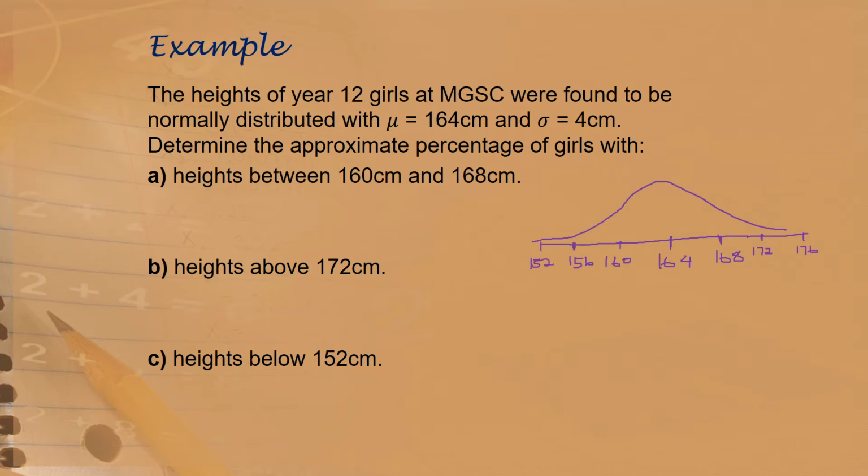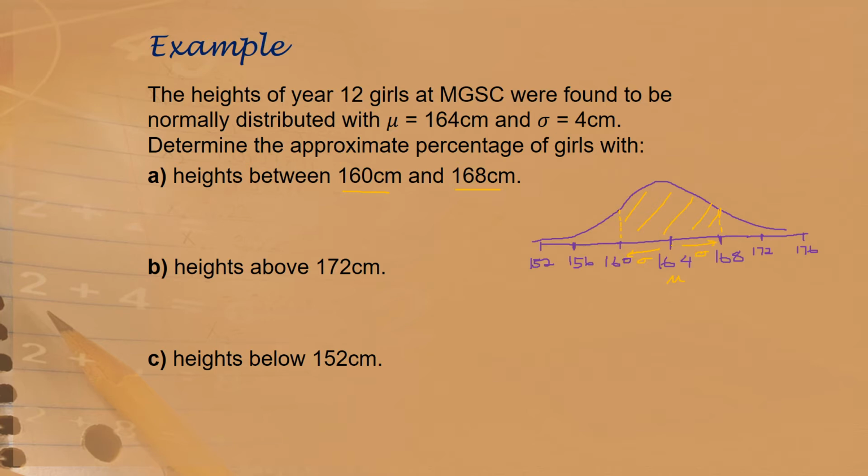Now, if we consider the particular question that we're asked, in this case, I want heights between 160 and 168. That means I'm looking for this amount here. And here, this is within one standard deviation of the mean. I have the mean, I've gone one standard deviation to the left and one standard deviation to the right.